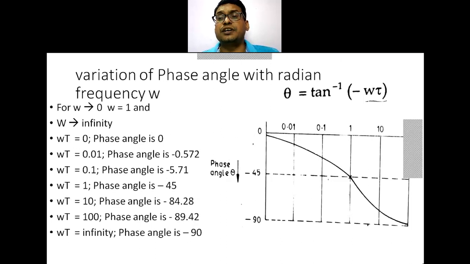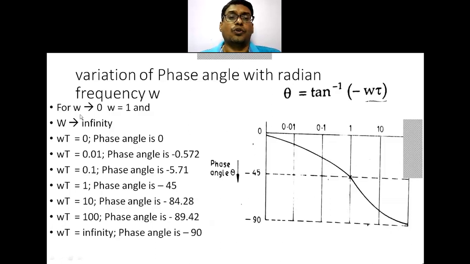Now next is the phase angle. Phase angle theta is equal to tan inverse of minus omega tau. As we substituted different values before, here also we are going to substitute different values of omega tau and calculate the phase angle theta.